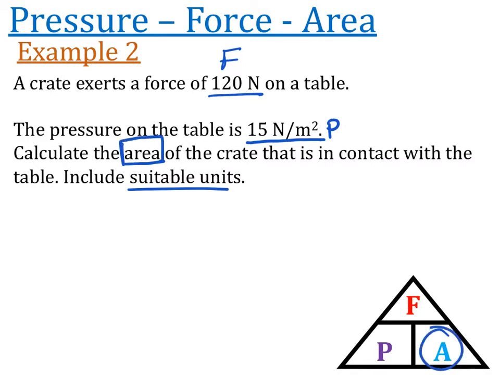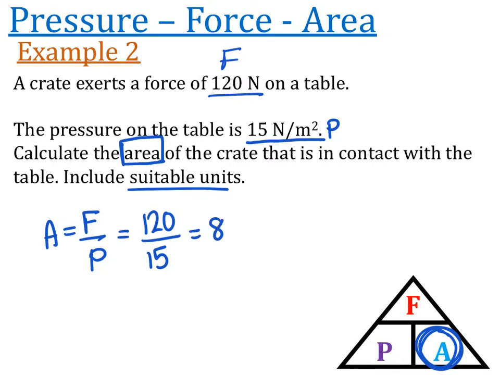The area is given by the force divided by the pressure, which is 120 divided by 15. So 120 divided by 15 is going to give us 8 meters squared. And the reason why it's meter squared and not centimeter squared is because in the question, they gave us the units in meters squared.